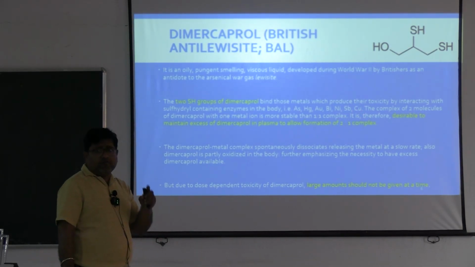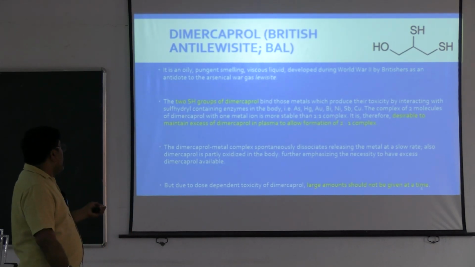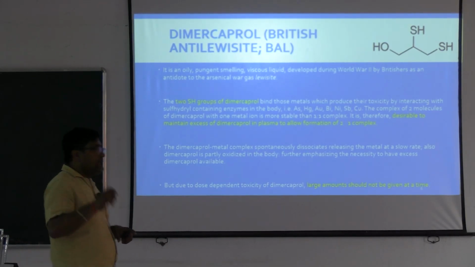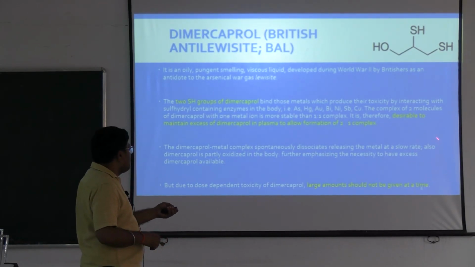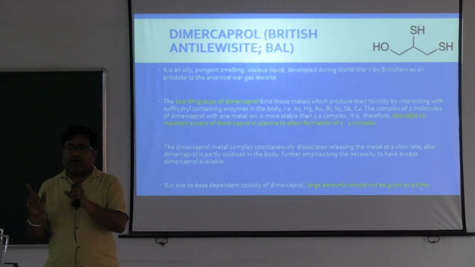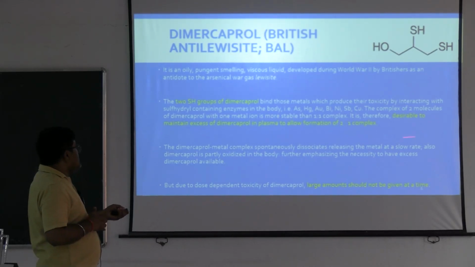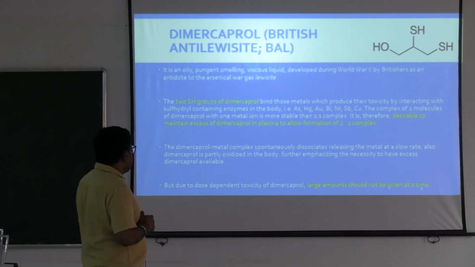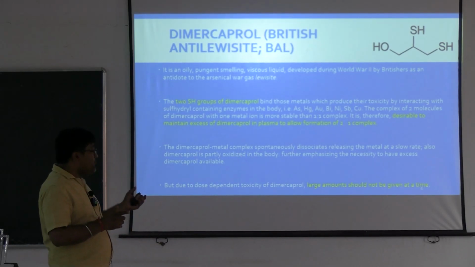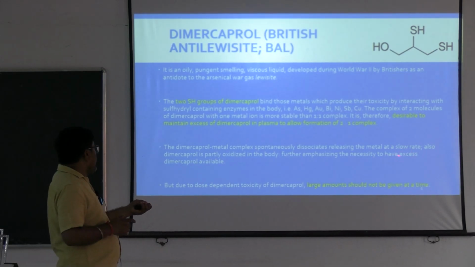The complex of two molecules of dimercaprol with one metal ion is more stable than the 1:1 complex, and for that reason it is desirable to maintain an excess concentration of dimercaprol in the body to allow formation of the 2:1 complex. Again, dimercaprol-metal complexes spontaneously dissociate, releasing the metal at a slow rate.